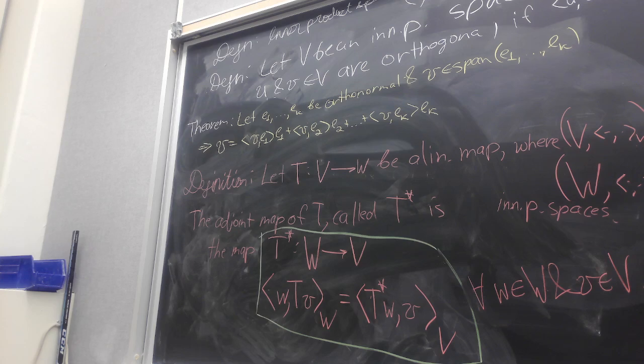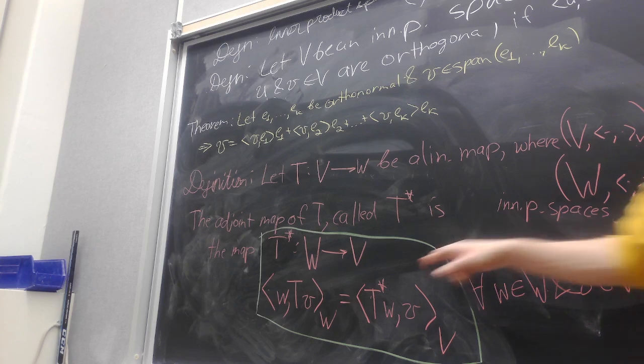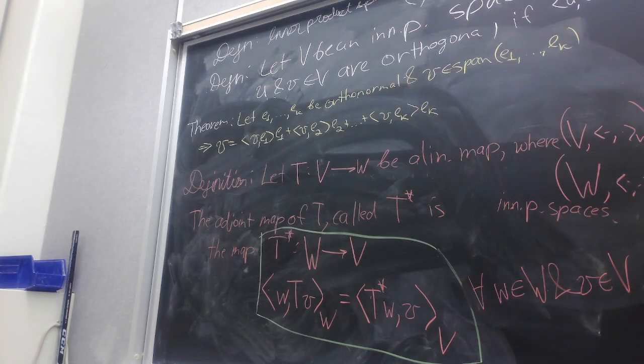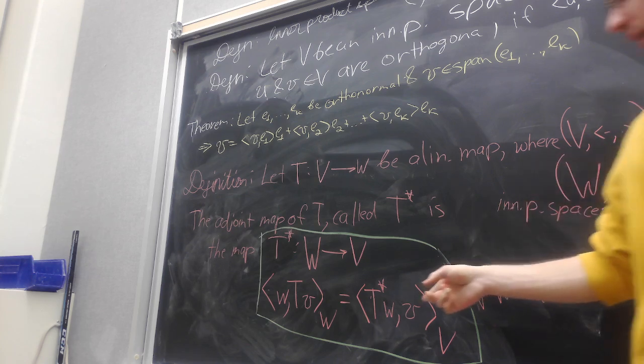The idea is, if I take a vector in V, I apply the map to it, I get a vector in W. So I can take the inner product of TV with something else in W. That makes sense? Because TV is something in W, so I can take the inner product of TV with W. The idea is that the adjoint map is something that goes the other way.